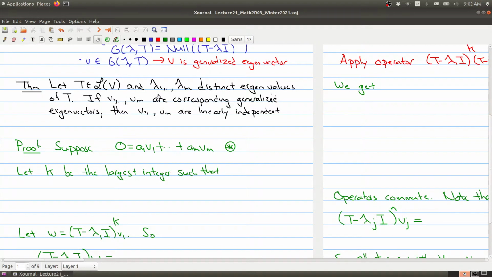If you take an operator and distinct eigenvalues of that operator, and v1 is a generalized eigenvector for lambda 1, v2 for lambda 2, and so on, then those vectors v1 through vm are linearly independent. You may want to pause and look at the proof we did back in chapter 5 for regular eigenvectors; it's not too hard. Proving the generalized case takes a little more work, but I'll walk you through it, and hopefully this complements the textbook.